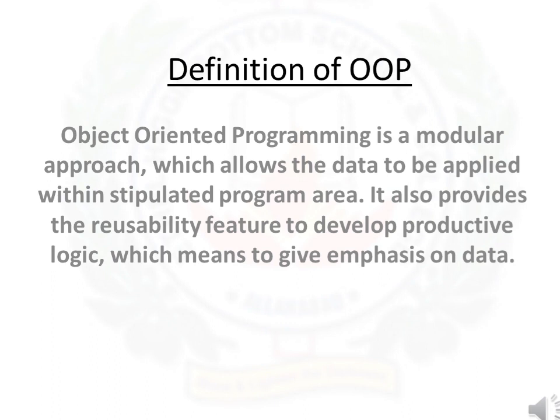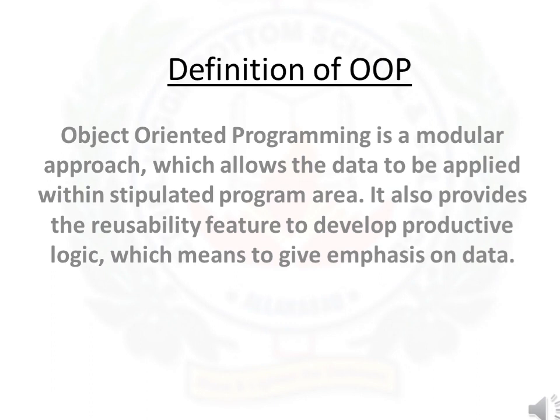In object-oriented programming system, the complete problem is decomposed into a number of entities called objects. The data of an object can be accessed through functions associated with that object. But in procedure-oriented programming, it can share the data globally between all the functions. But in the case of object-oriented programming, the data of the object can be accessed through functions that are associated with that object only.